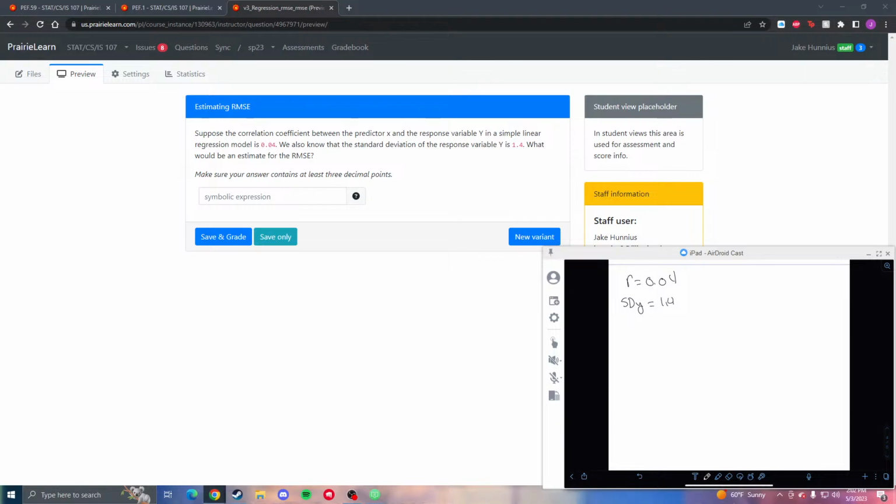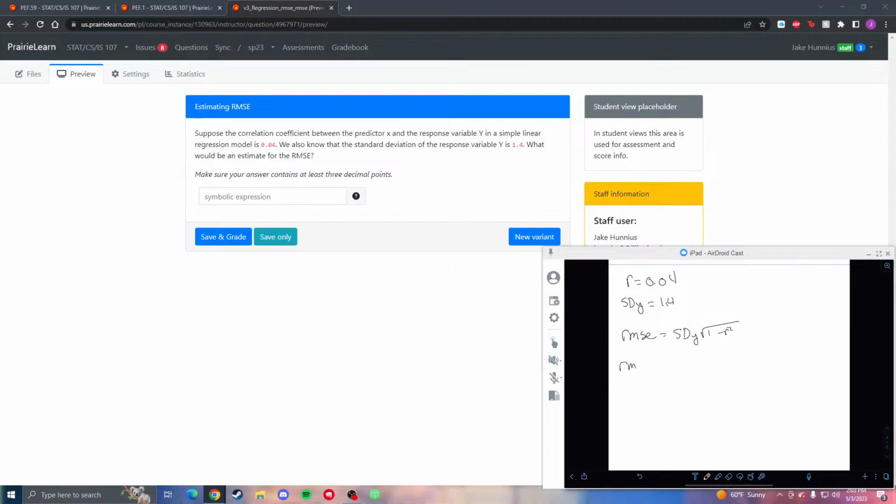And then there's a formula for RMSE. It is RMSE is equal to R times square root 1 minus SD. Wait, I might have that backward. Let me just double check here. Yeah, sorry. It is SDY times the square root of 1 minus R squared.